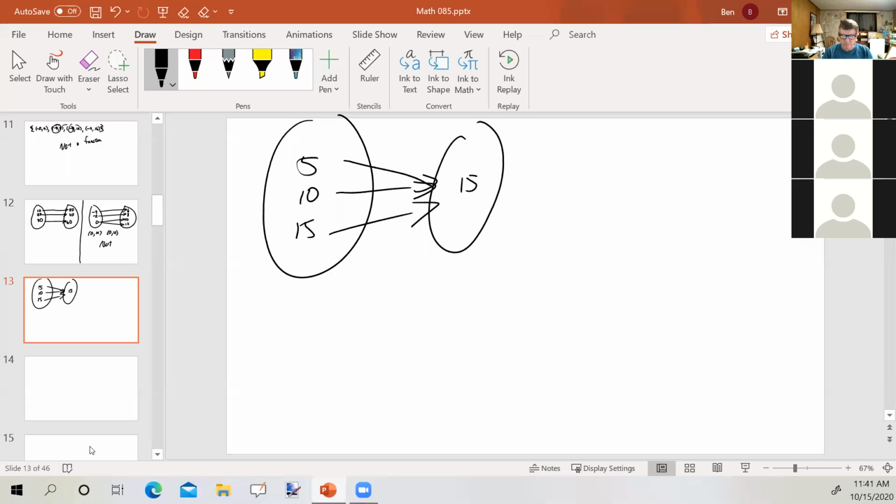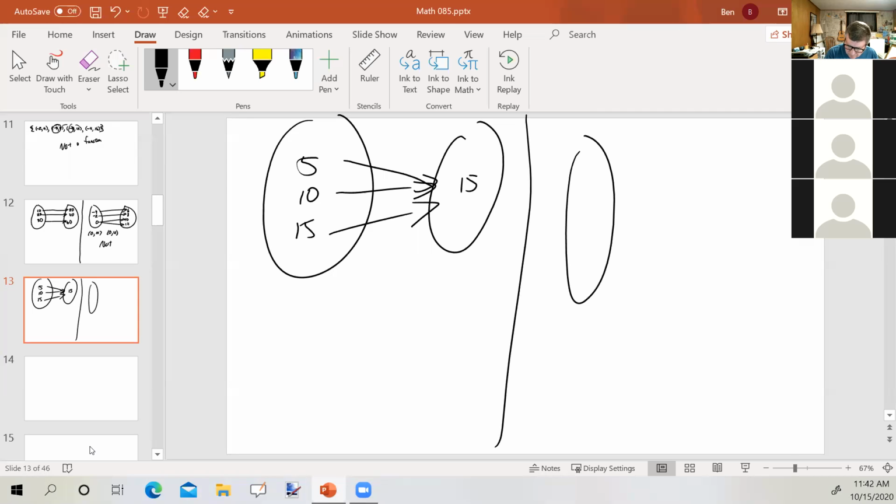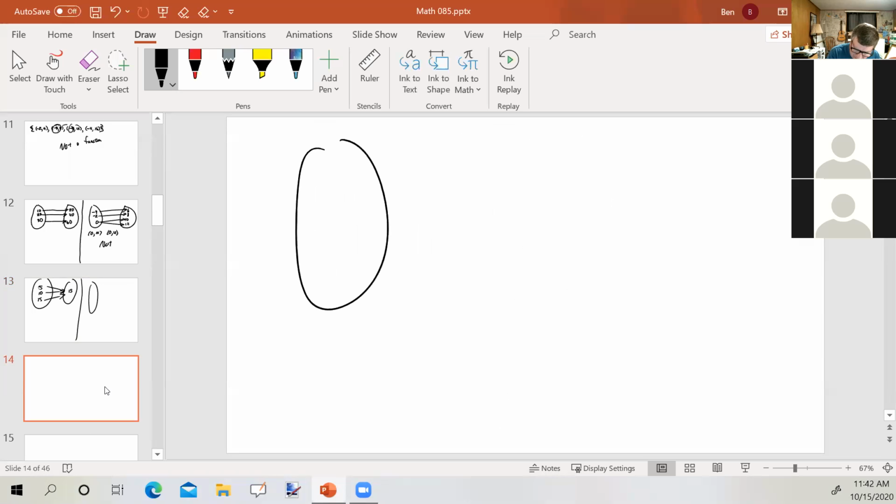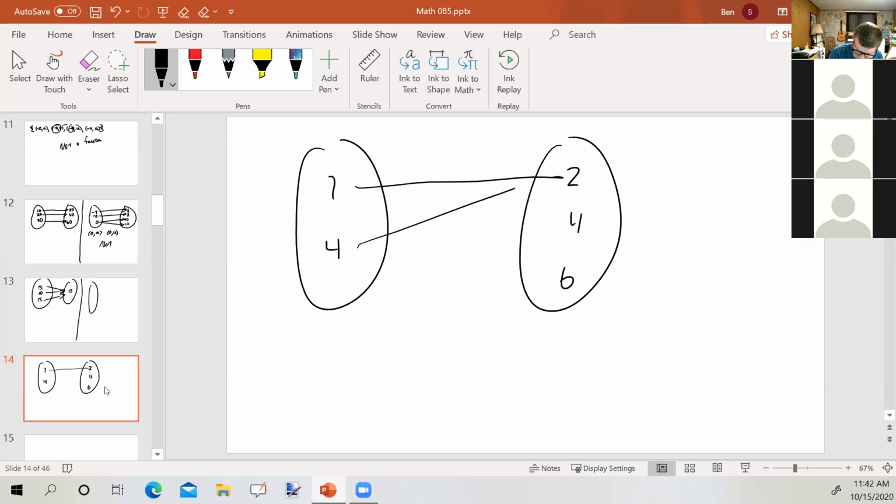Function or not? Yes. Triplets. 3 people with the same birthday. Function. Oops, let's make those circles a little bit bigger. Function or not?